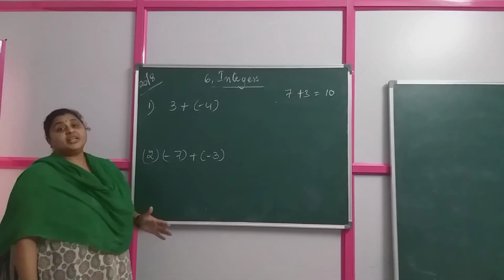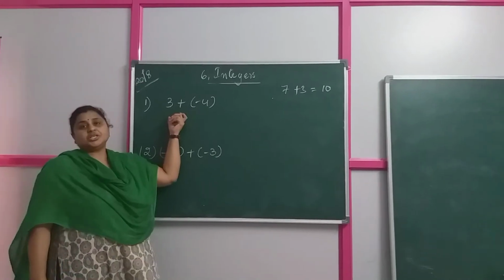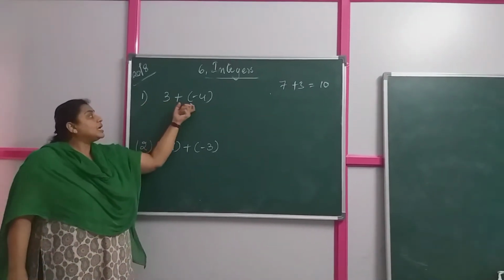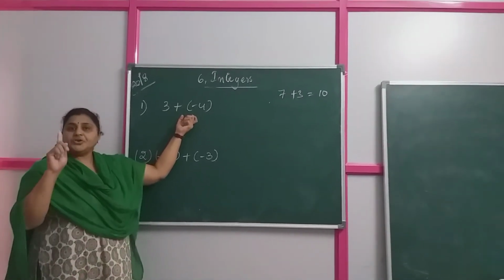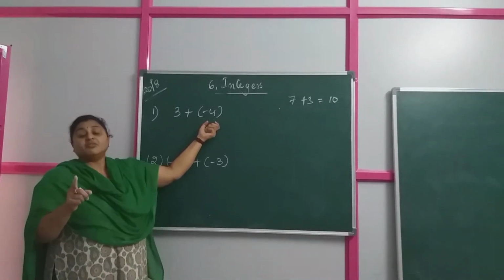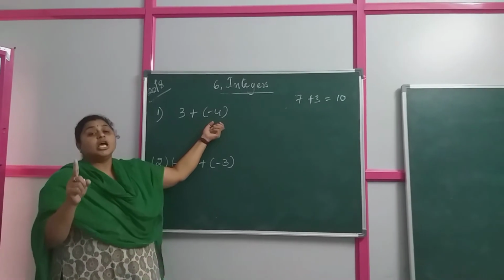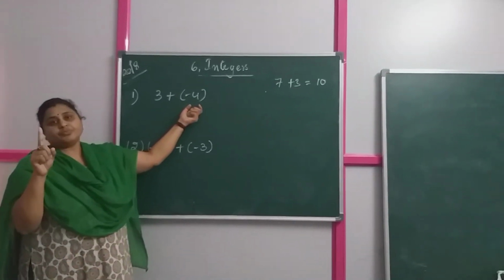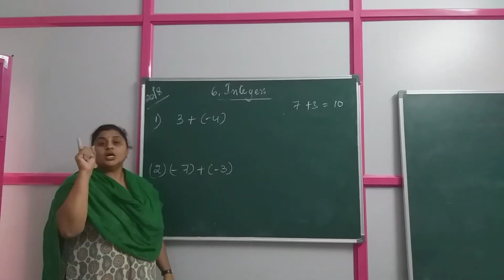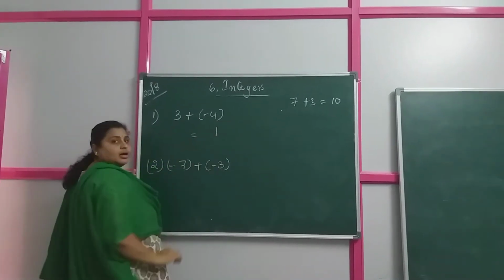Now listen carefully, children. When you are adding or subtracting integers, you have a few rules. Only two rules. See, 3 plus minus 4. When you are adding one positive and one negative integer, you have to subtract. 4 minus 3 is 1.